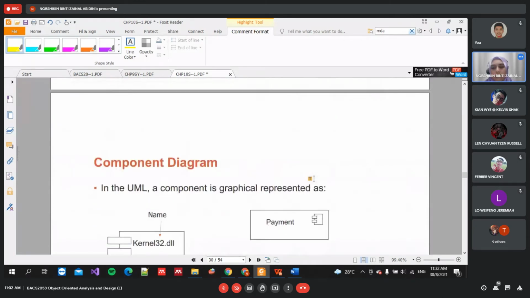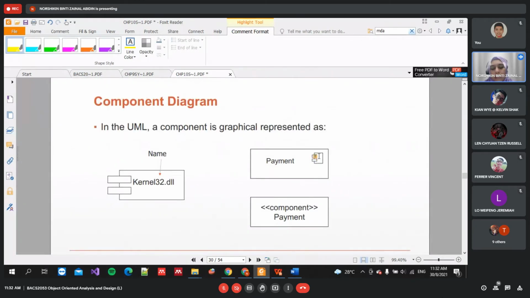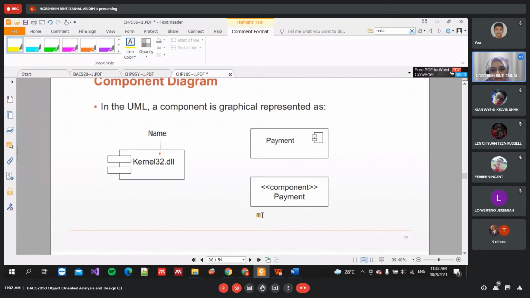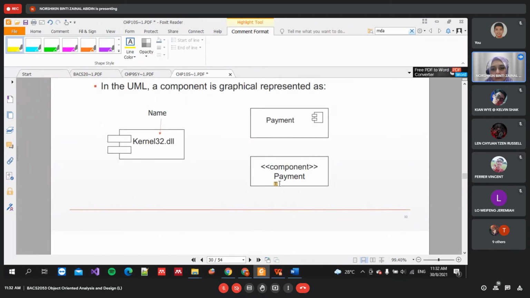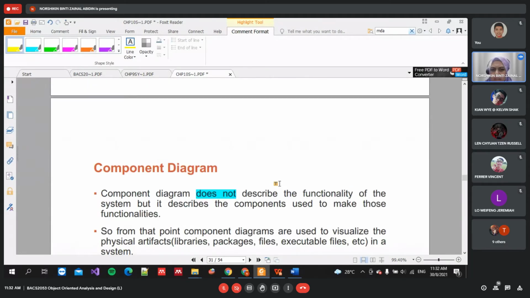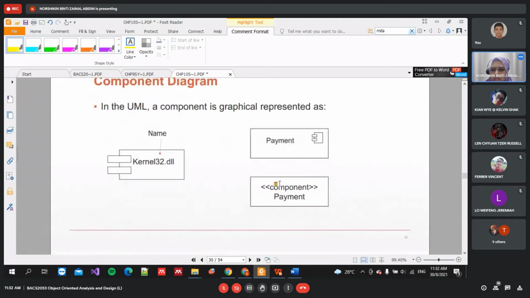My point is this refers to a component for the payment process.